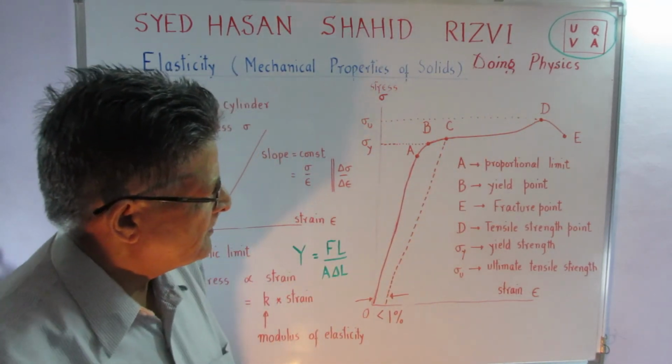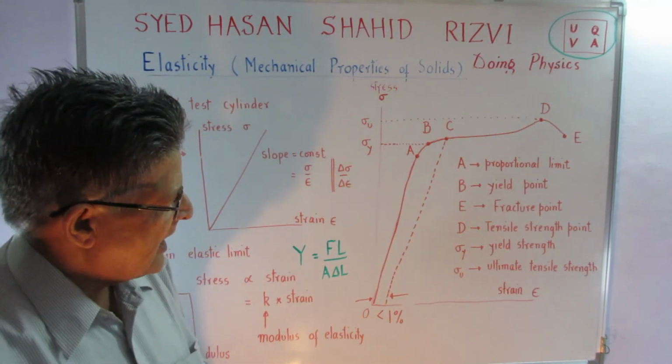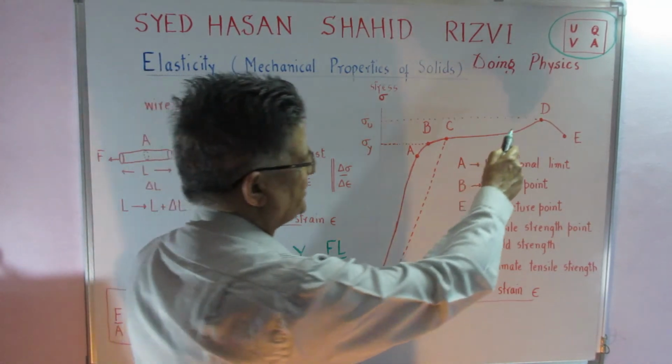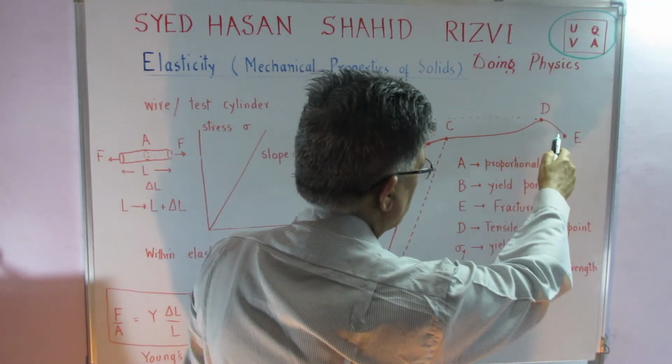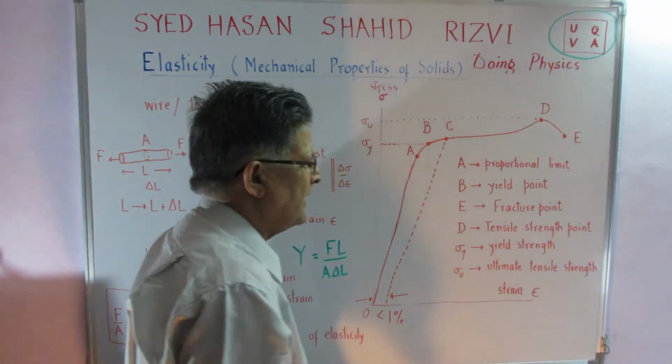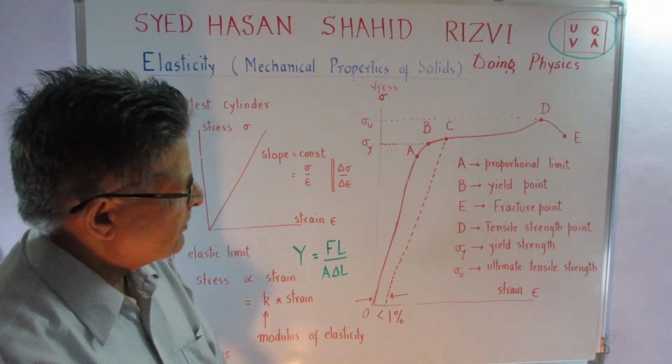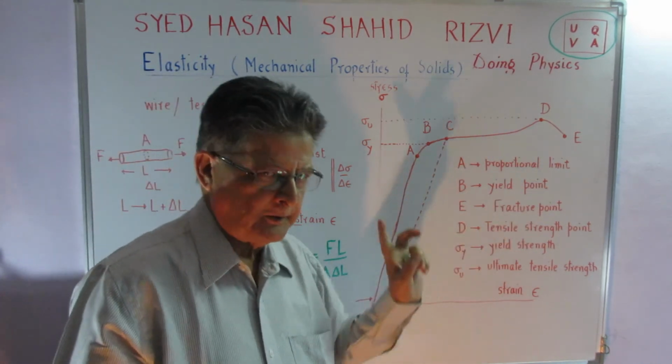After that, if we continue to apply stress, the stress decreases, but still the curve goes ahead, and this point E is called the fracture point.